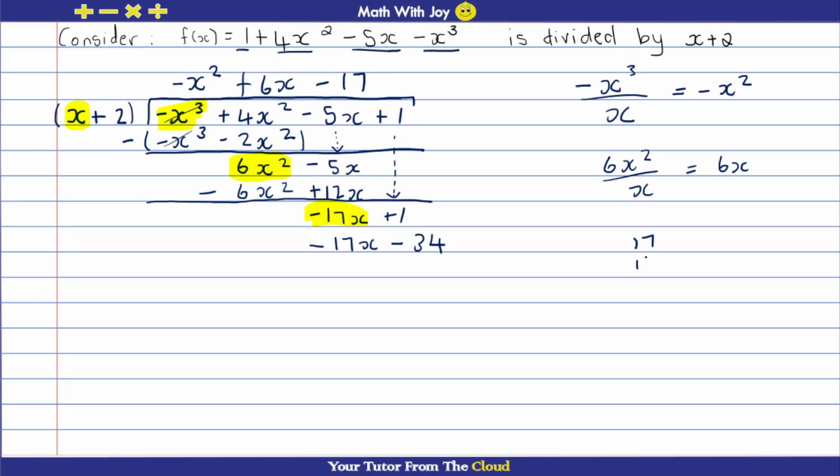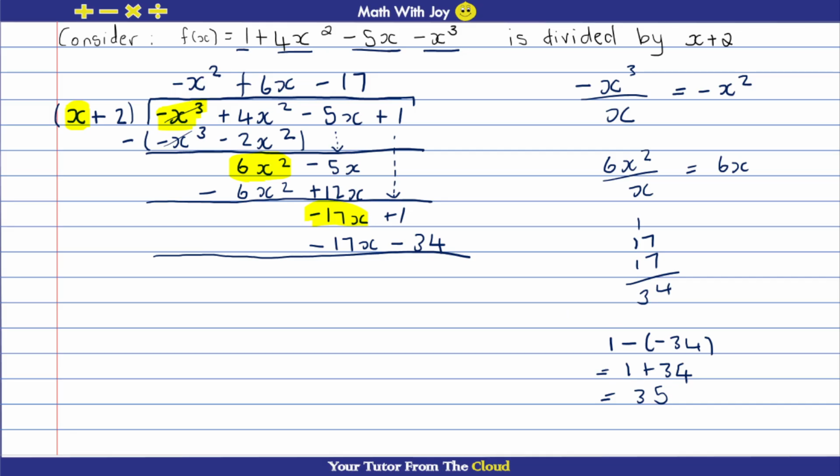Well, 17 plus 17 is 34. All right, so that's what we get over there. And then you subtract. That gives us 0. Then 1 minus minus 34. You must always see that 1 minus minus 34 is the same thing as 1 plus 34, which is 35. Never make those sign mistakes.